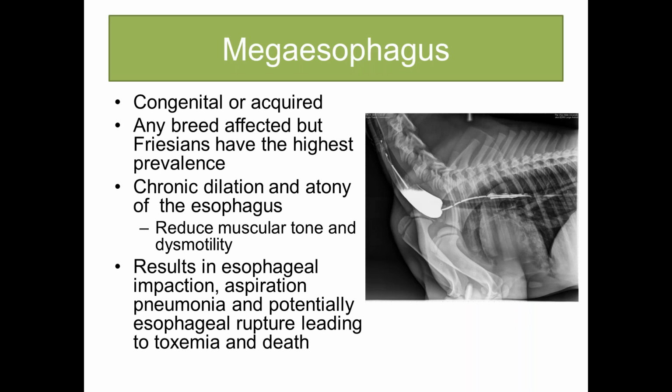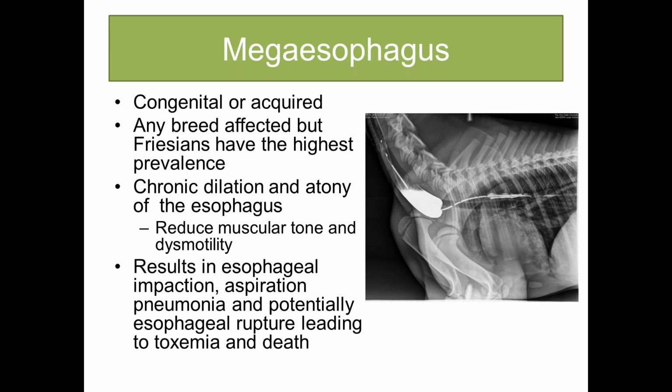It can be related to something called persistent fourth right aortic arch as a congenital lesion, which is a constricting band over the top of the heart that tethers down the esophagus, and so you will have progressive dilation, and with dilation and stretch comes atony, which is an inability to have normal peristalsis or any movement. Any breed can have this, but Frisians appear to have a much higher prevalence. And what results is esophageal impaction.